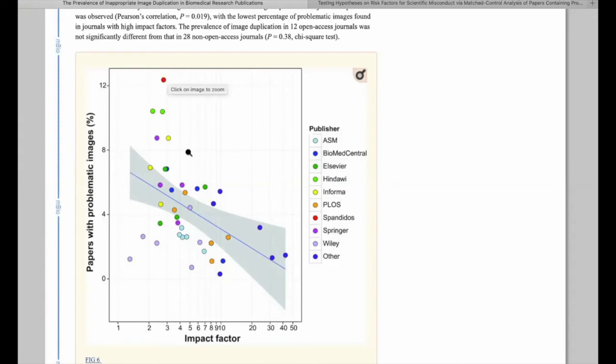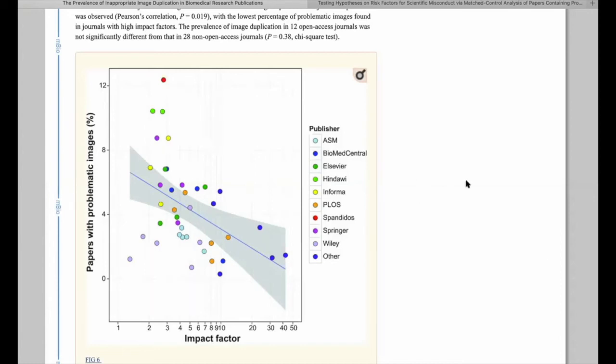Right. So the variability, in my opinion, is explained by the fact that these are different journals run by different editors. They're run by different publishers, and each of these groups of people has an impact on the quality of images and the quality of papers that get published.